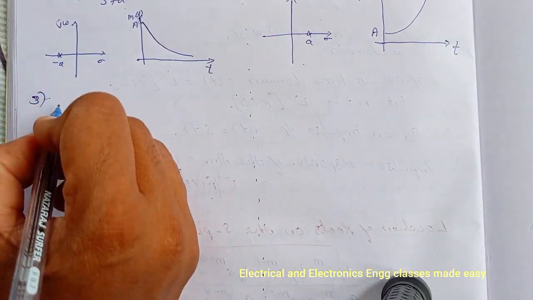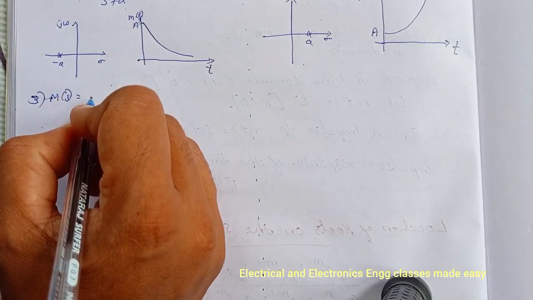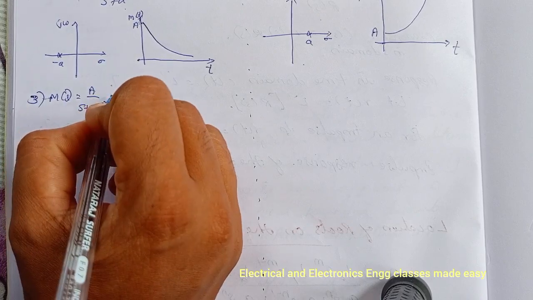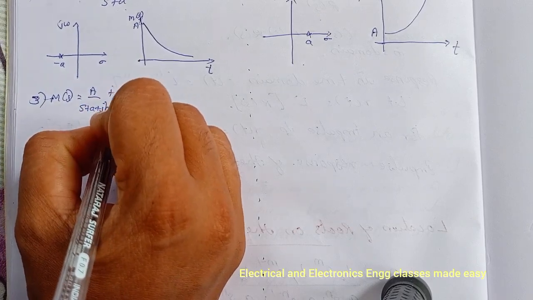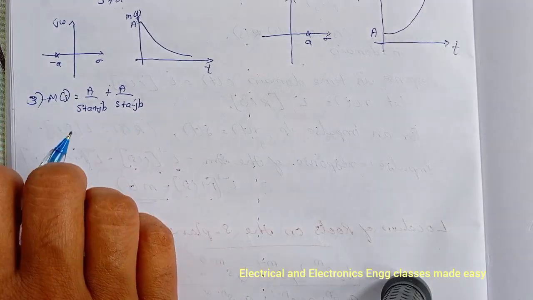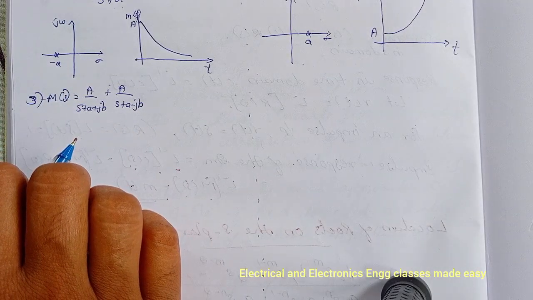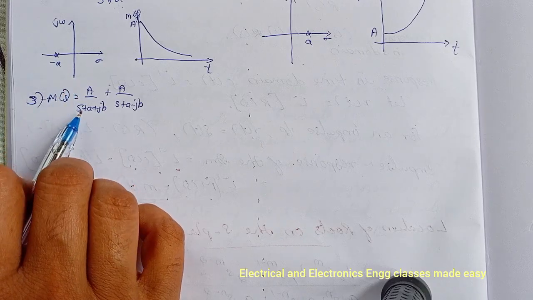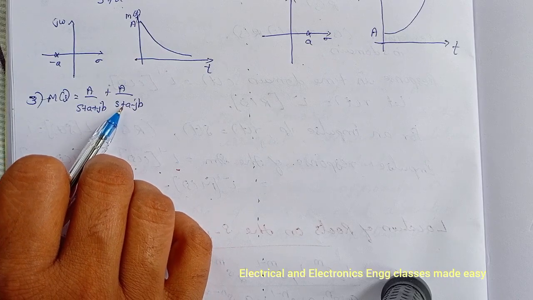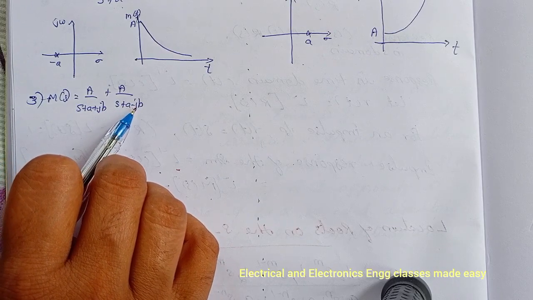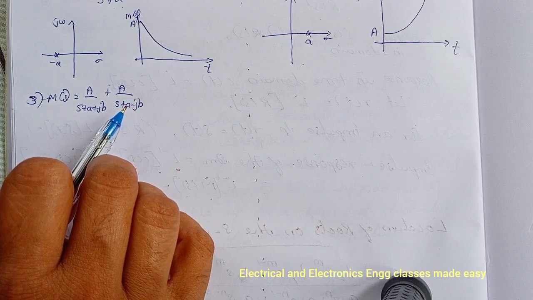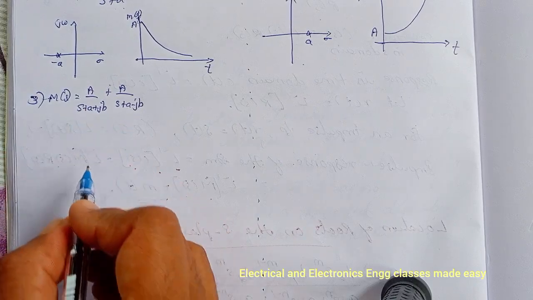Next is M of s equal to a divided by s plus a plus jb, plus a divided by s plus a minus jb. So here the roots are complex conjugate, and s is equal to minus a minus jb and minus a plus jb. So the complex conjugate roots are on the left half of the s plane.